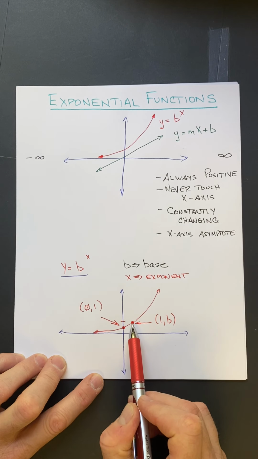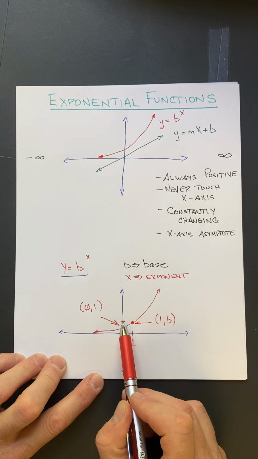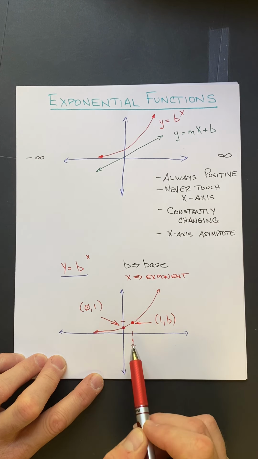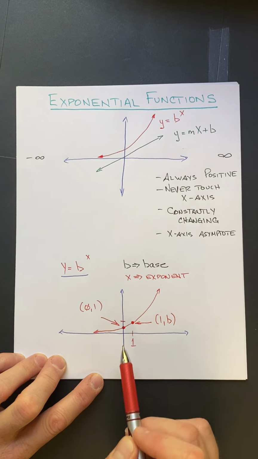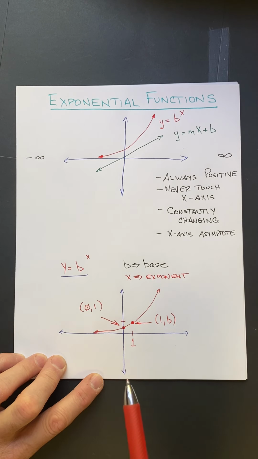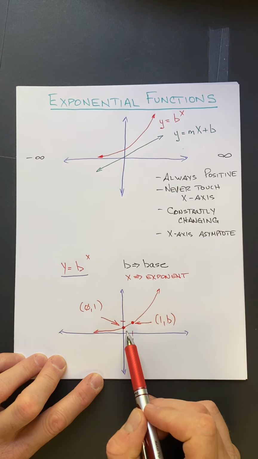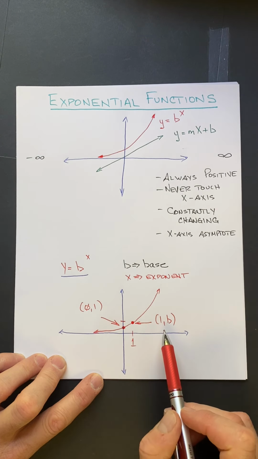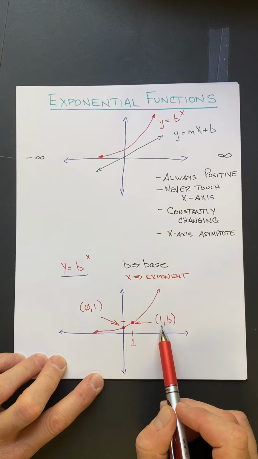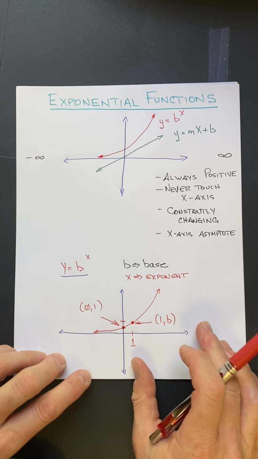So it's always going to have this point on the curve at whatever the base value is for y, okay? So these are two important features of an exponential function. It will always be intersecting at 0, 1, and it will always be on the point 1, b.